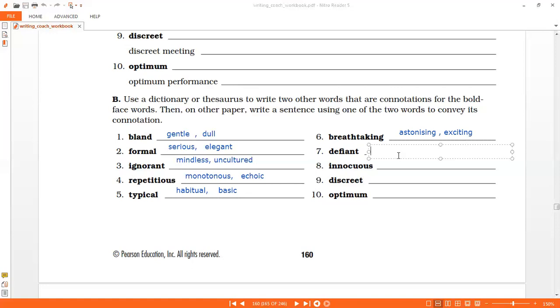Defiant means someone who is very audacious and rebellious.